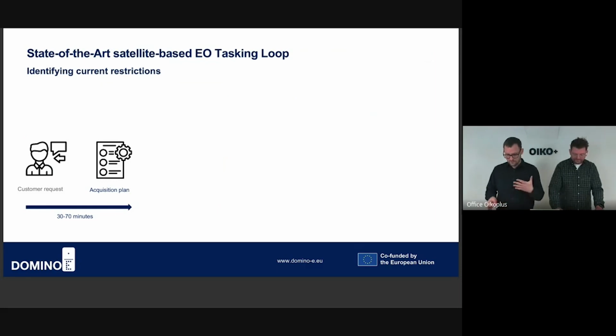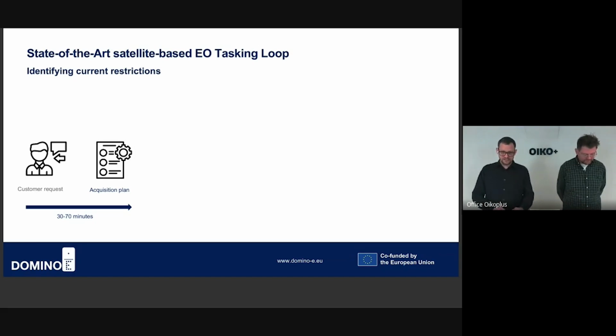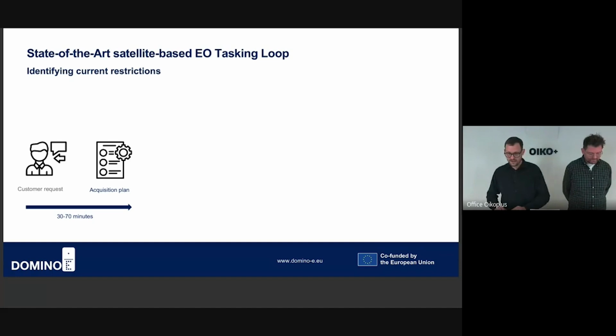However, this request first needs to be translated into a technically viable acquisition plan. That translation needs specialist knowledge, and it takes 30 to 70 minutes until this step is completed, beginning with the initial customer request.